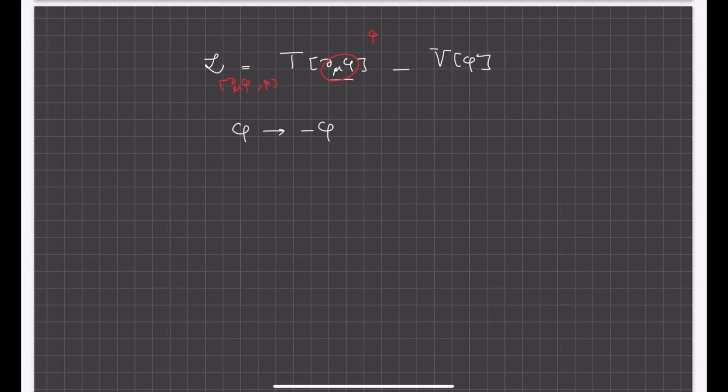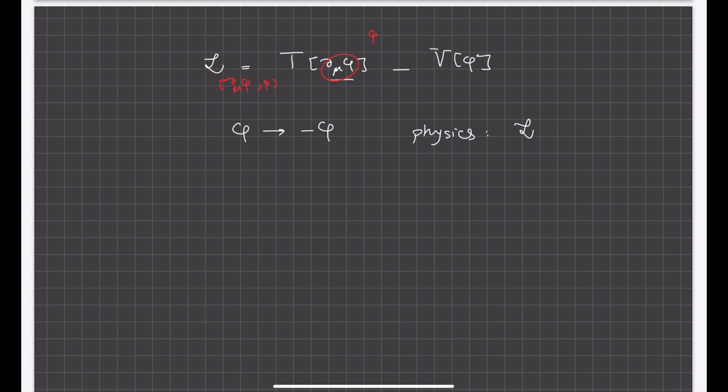So it doesn't really matter if I change the value of the field to the negative of itself. That shouldn't change the physics of it. So how can I encode this into the physics? The physics is the Lagrangian. So when I talk about physics, I have to say there is a direct correspondence here between physics and the Lagrangian.